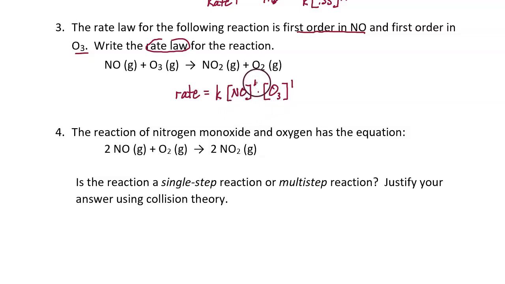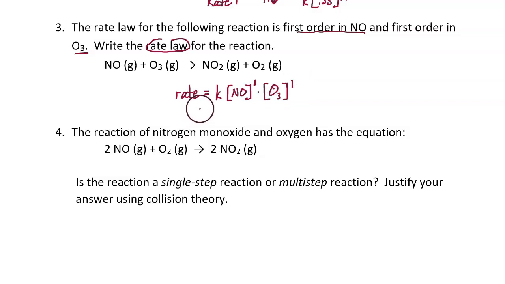And we know as well that there are exponents on those brackets. Because it's first order in NO, I've written NO in brackets and I've given the exponent of 1. Because it's also first order in O3, I wrote O3 in brackets and gave it the exponent of 1.